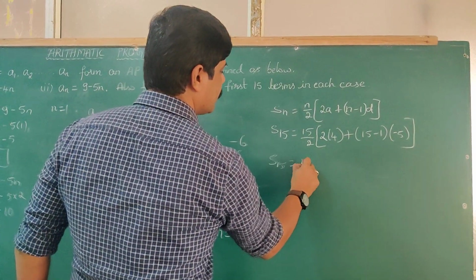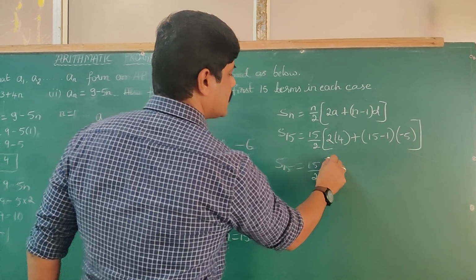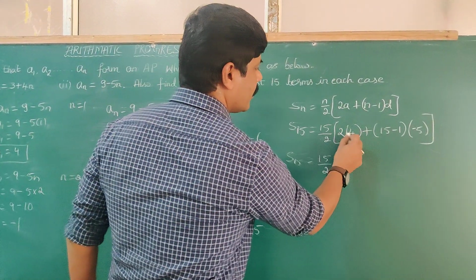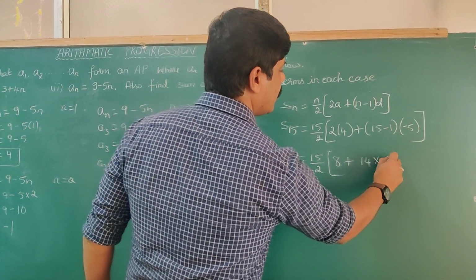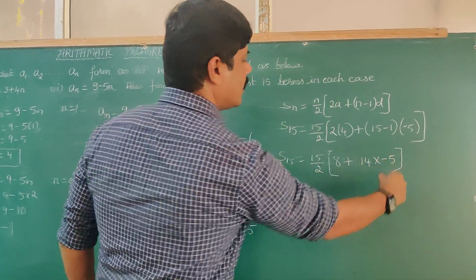S15 = 15 by 2, keep as it is. 2 into 4 is 8 plus 14 into minus 5.